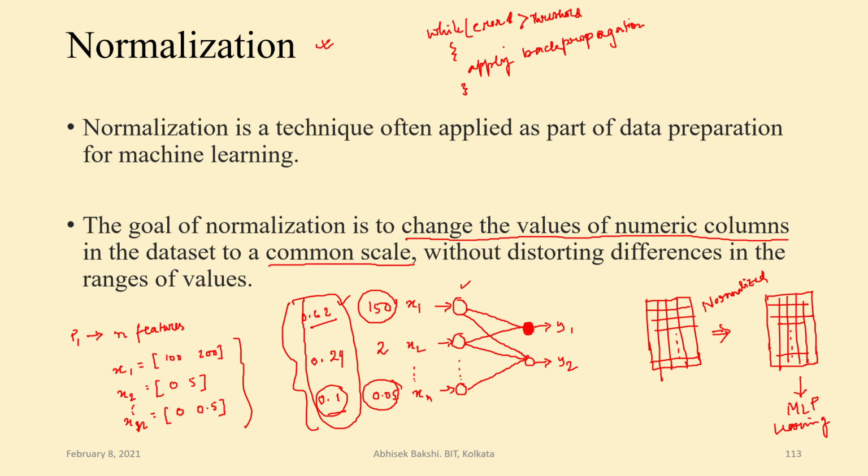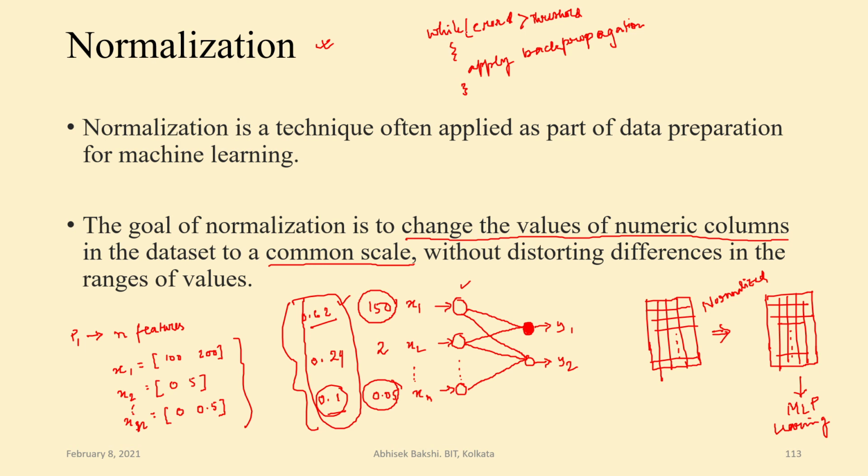What this while loop is actually doing is taking the patterns one by one. If we have a data set having, say, 1,000 patterns in a training data set, we are feeding these patterns one by one. That means this loop should run 1,000 times, because after 1,000 the 1,001st pattern is not present.